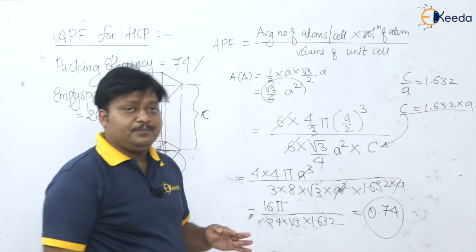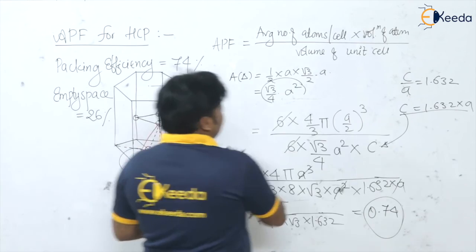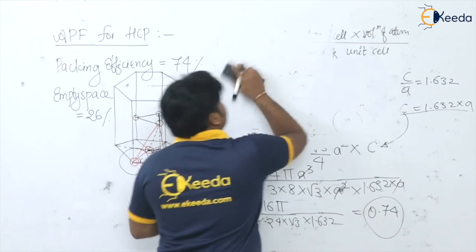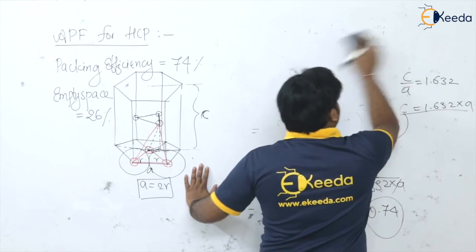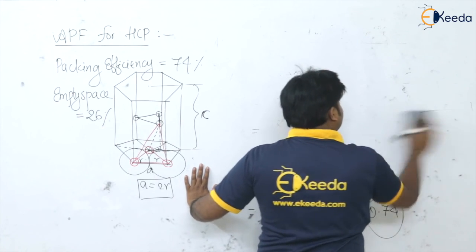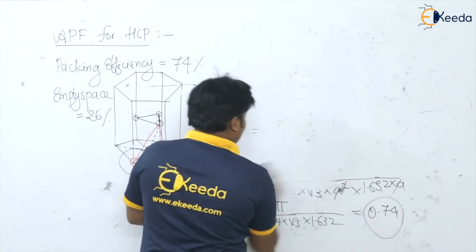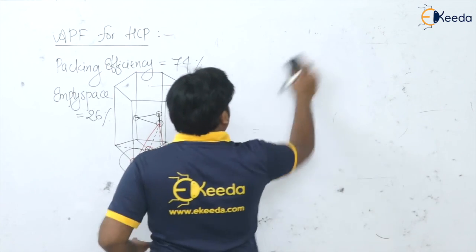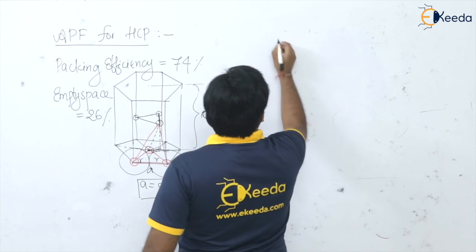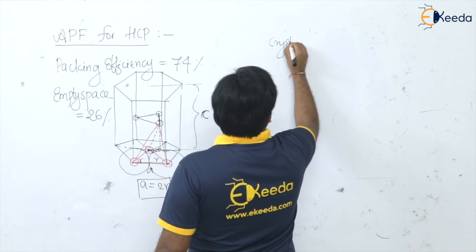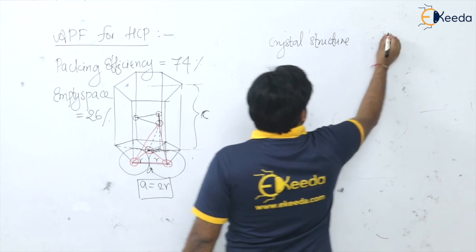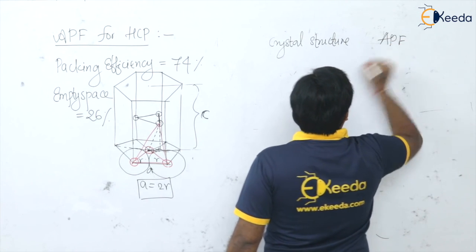So in this way we have seen the atomic packing factors for the various cubic structures and HCP structure. So let us summarize this. Here will be the crystal structure, and here the atomic packing factor. Match the pair.